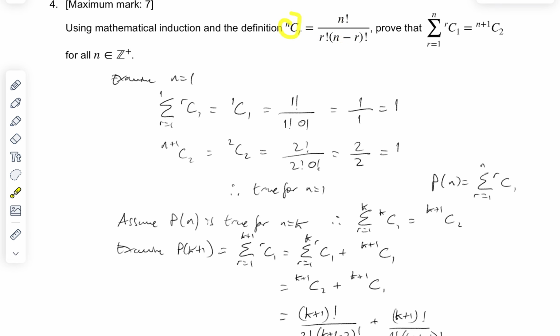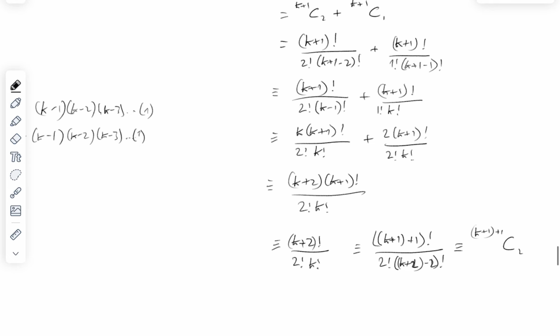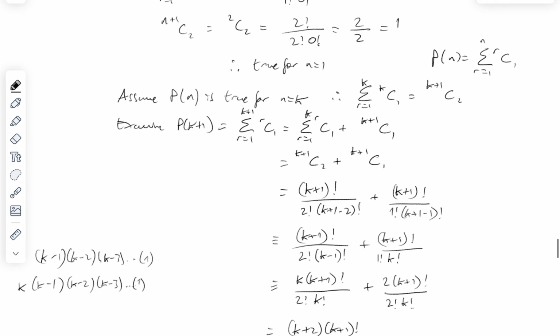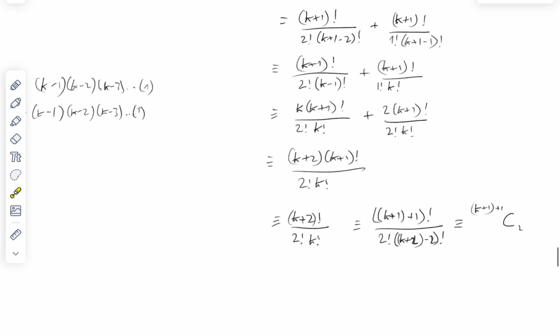That means it's k plus 2 C 2, which equals k plus 1 C 2, which is exactly what we're looking for here. We wanted the same thing we had there, with a k plus 2 there and our 2 there.